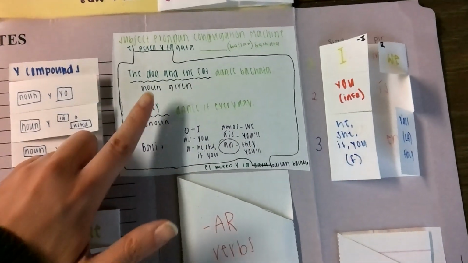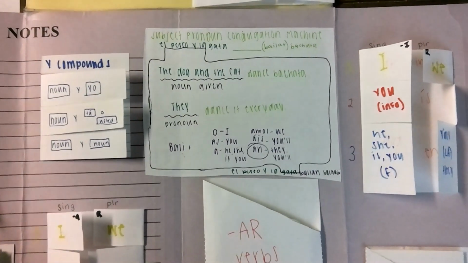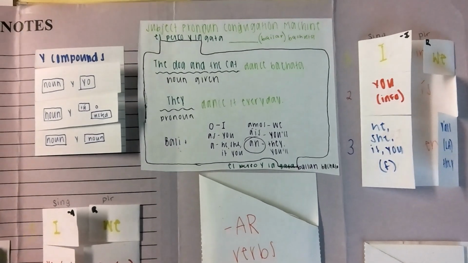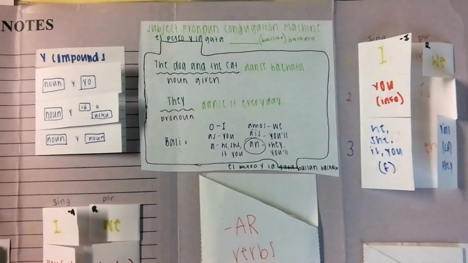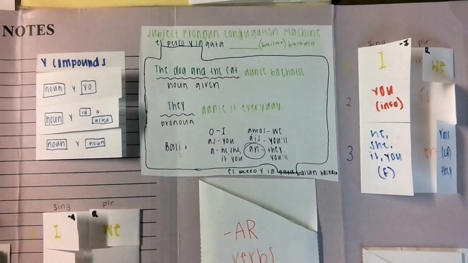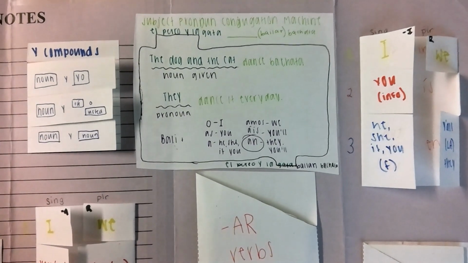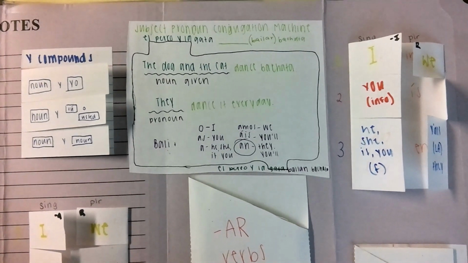Okay, that's our pronoun for the dog and the cat. So imagine these 2 sentences flowing together in speech. I would say the dog and the cat dance bachata, they dance it every day. Rather than saying the dog and the cat dance bachata, the dog and the cat dance it every day, it helps me to be able to say they, so I don't repeat over and over and waste my voice. So that's the pronoun we would use in English.